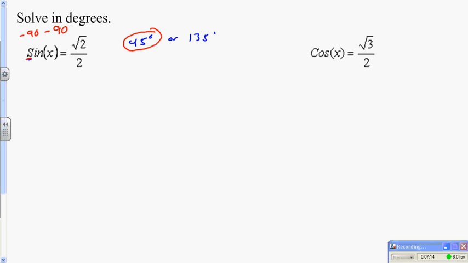Because they had capital S, we are limited to this window. Cosine, root 3 over 2. The degree that gives you root 3 over 2 for cosine is 30 on the unit circle, or 330. Cosine goes from 0 to 180 degrees, or 0 to pi. So 330 wouldn't fit. You only take the 30.